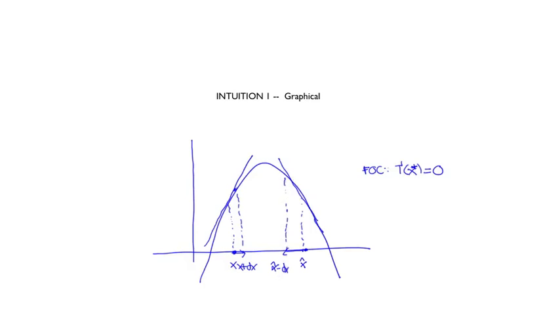It's very easy to see that the only point at which you cannot play this trick of improving the value of the objective function by changing the value of x is a point like x star at which the slope is 0. Because if you move locally either to the left or to the right, the value of the objective function would not change. This provides an intuition for why the first order conditions have to satisfy this property at a local maximum.